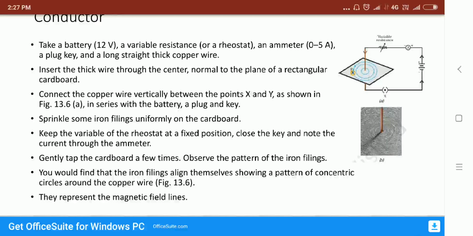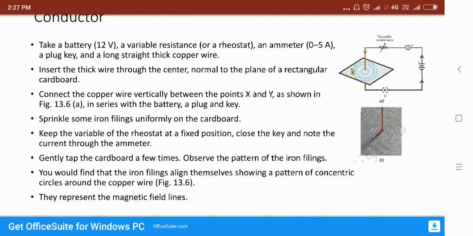Now, we are going to sprinkle iron particles uniformly on the cardboard. Now, the rheostat is kept at a fixed position to define a single resistance value, and we switch on the key.